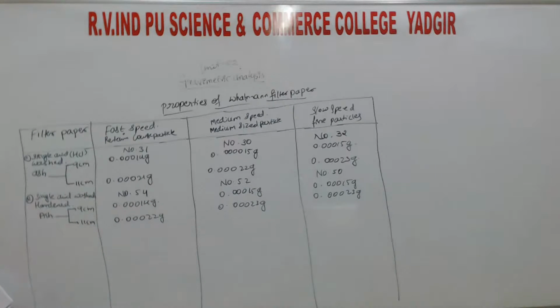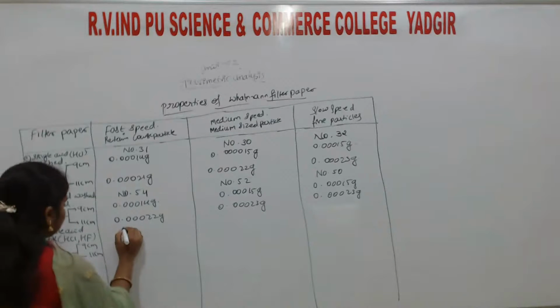Next, the third one is double acid wash, with HCl and HF. The ash is given for 9 centimeter and 11 centimeter sizes.